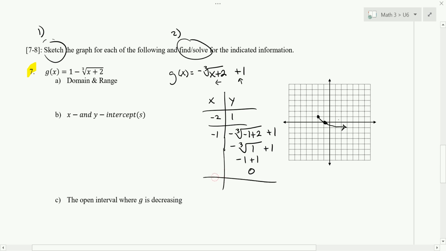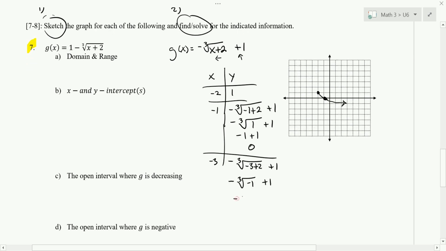And let's try another one at negative 3, which is 1 plus 1, or 2. So negative 3, 2. And here we have a sketch of our graph. Domain and range are always the same for these cube root functions, negative infinity to infinity.